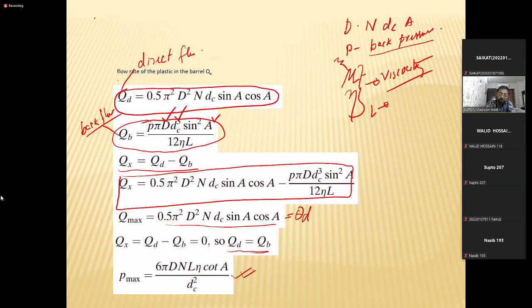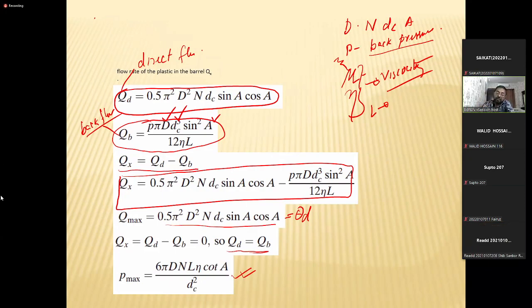So this is the formula for Q maximum. These are the two important parameters which will be required to find out the screw characteristics and the die characteristics. That is what we have done, and we have repeated it today. One of the important factors is the unit factor.